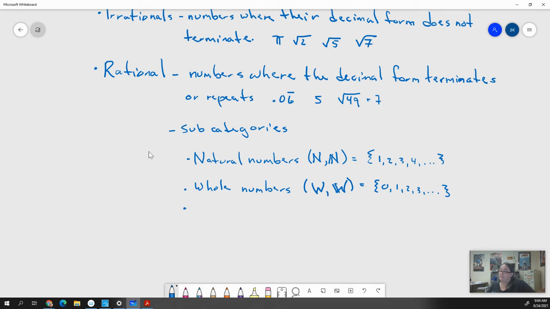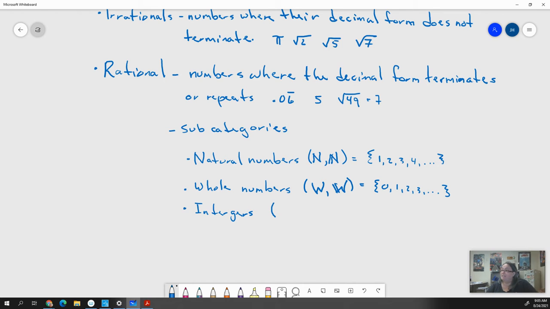Negatives come in the next category, which is integers. Now, if natural numbers are represented by the letter N and the whole numbers are represented by the letter W, what would you suppose integers are represented by? You would think I, right? That seems like the obvious choice.